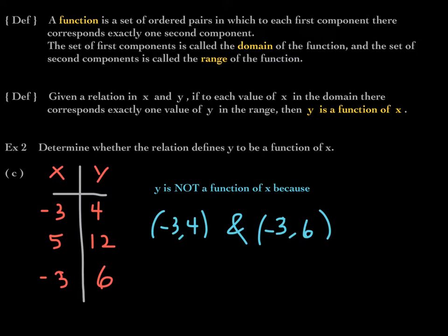This -3 cannot be repeating like this unless it's going to the same value. So that's why it messes up. Whereas in the previous example, 9 was repeating, but that was okay because it was a range value, a y value. It's the x values, the domain values, that we're really looking at here, making sure every x value goes to exactly one y value. I hope that's clear.